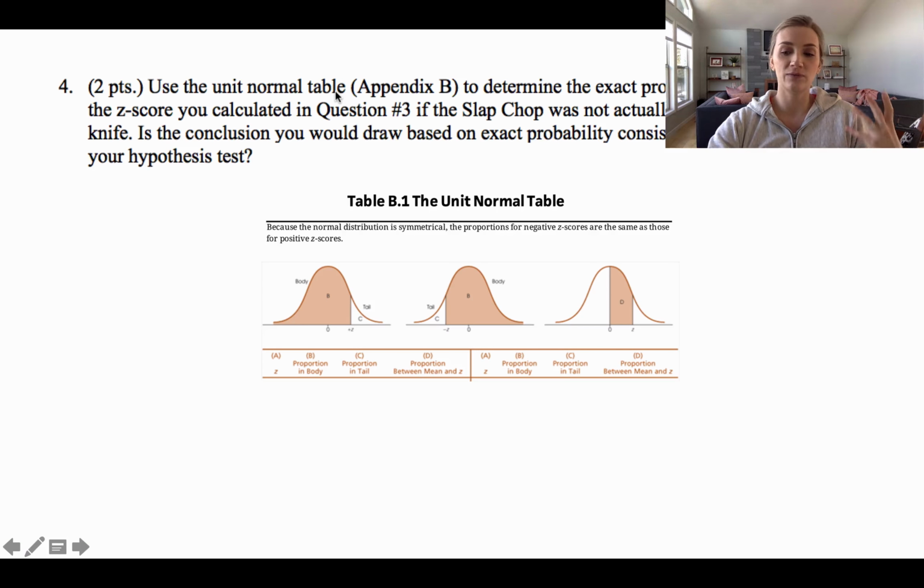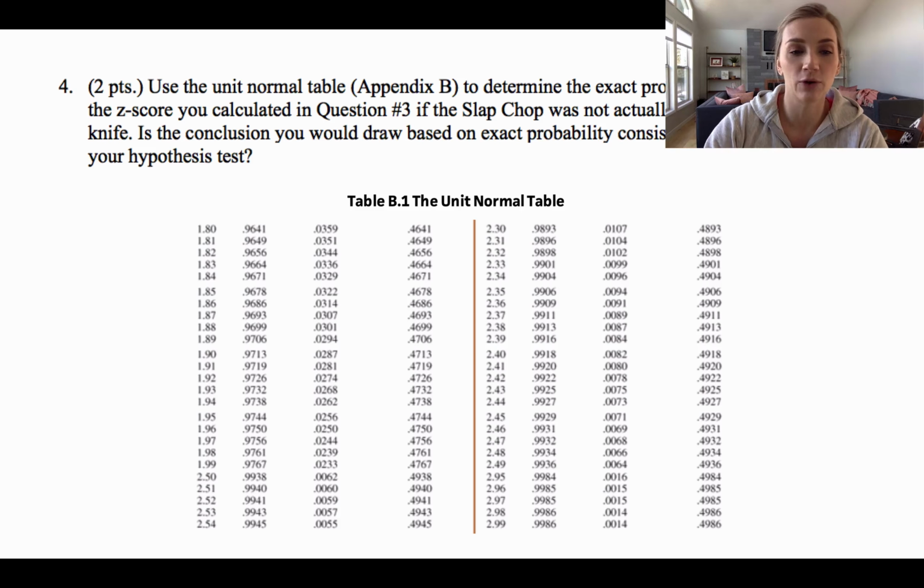And now we know the z-score, which was 2.42. And so we find that z-score here. This is again on the third page of the handout if you're using the handout. 2.42 is right here. And we're looking in the tails. And as you can see, 0.0078.